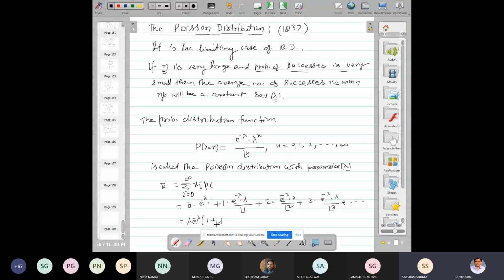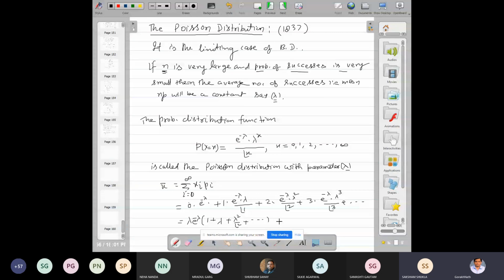So it becomes 1 plus lambda plus lambda square by factorial 2 plus and so on.